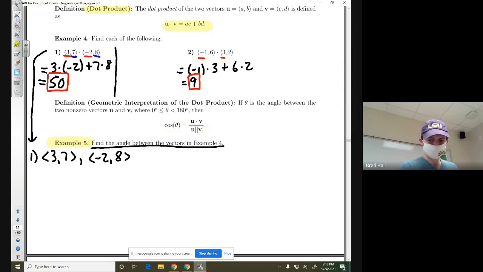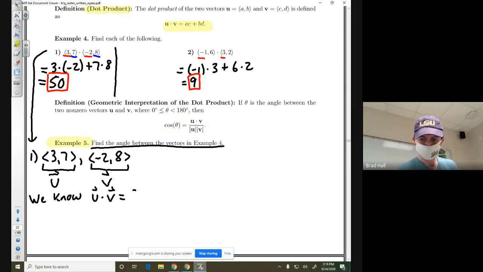If we call this one the vector u and this one the vector v, we already know that the dot product is 50, which is great because that's the numerator of this formula. So we can just replace that with 50.